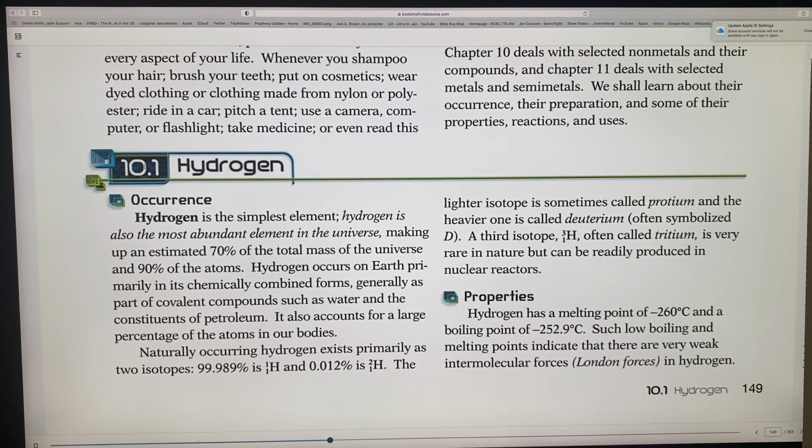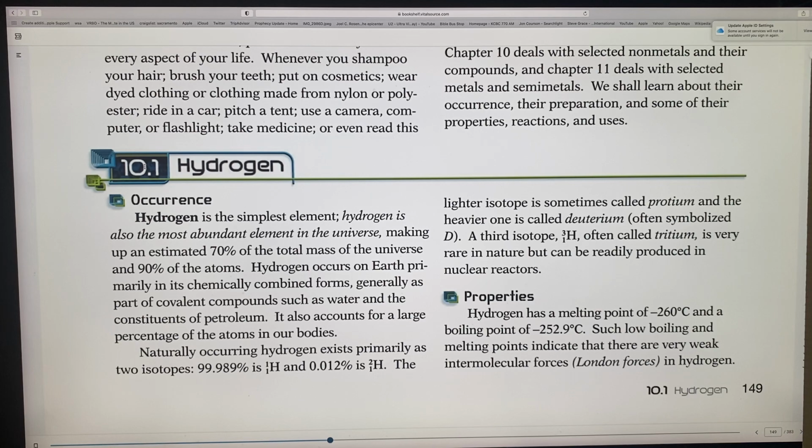So protium, you think of 1 proton, and then deuterium you're going to be able to see with a neutron, and then a third isotope is called tritium, and it's very rare in nature, but it can be produced in nuclear reactors only, so very, very rare. Tritium would be 3, so you're going to have 2 neutrons and 1 proton, right? And then deuterium would be 1 and 1. So anyway, those are the different isotopes and what isotopes are.